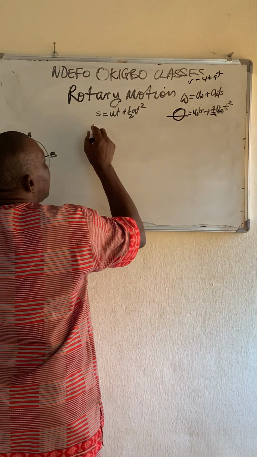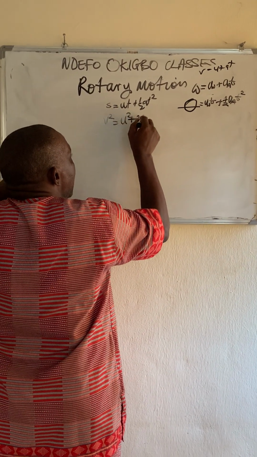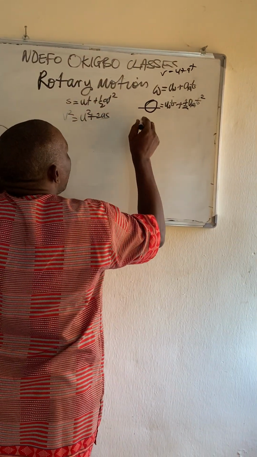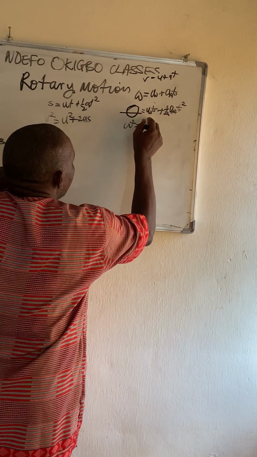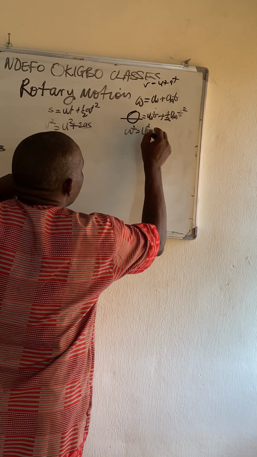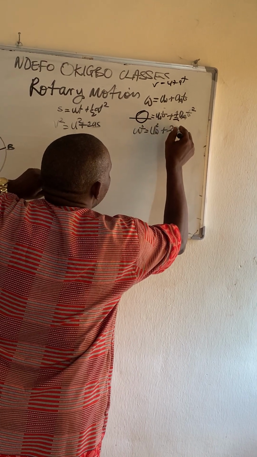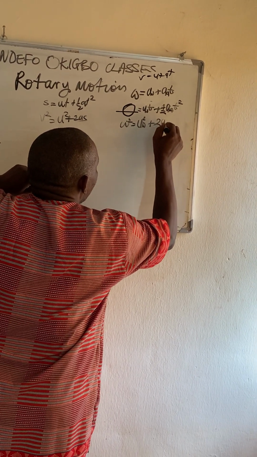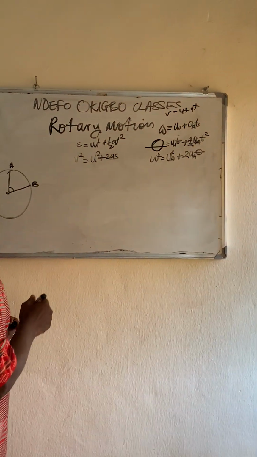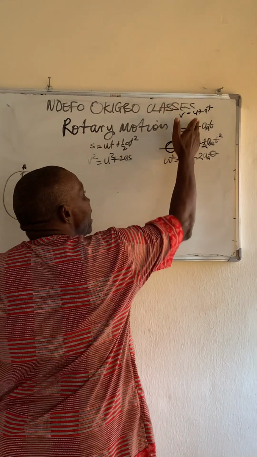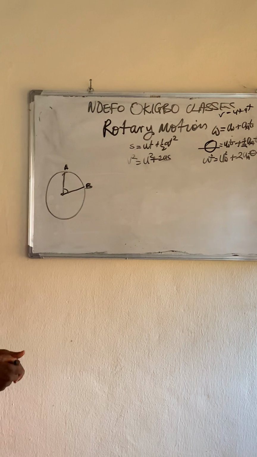Then instead of writing v squared is equal to u squared plus 2as, the third equation, we have this squared is equal to u squared plus 2 times angular acceleration times this. So the same way you have linear equations of motion, we also have angular equations of motion, as shown here.